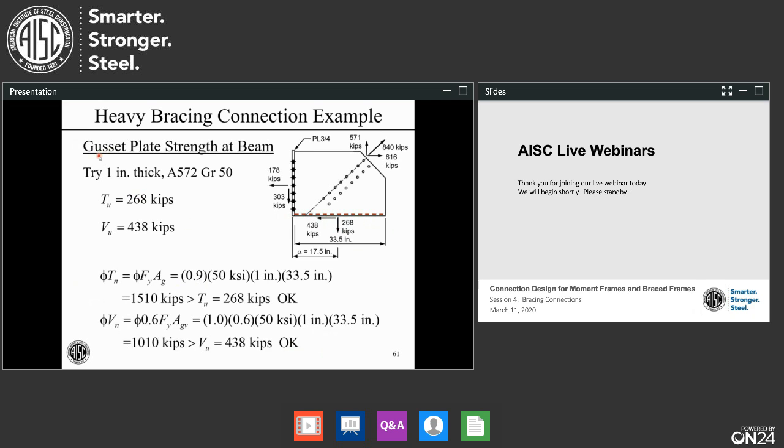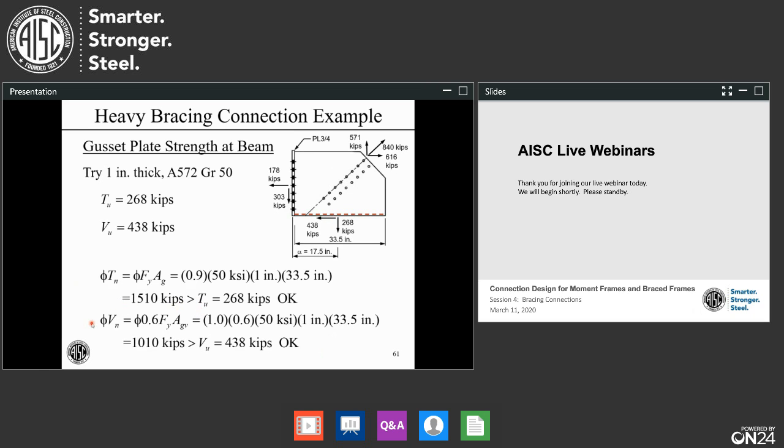Now let's check the plate strength down there. For these checks, we have tension and shear. The tension is 268. The shear is 438. The design tensile yielding strength from section J4 of the spec is 1510 kips. That greatly exceeds 268, so it's okay.